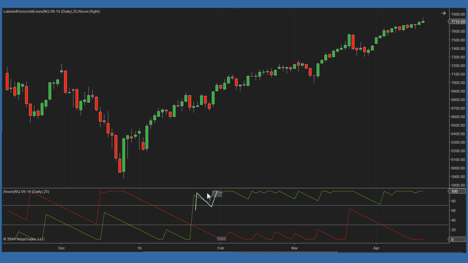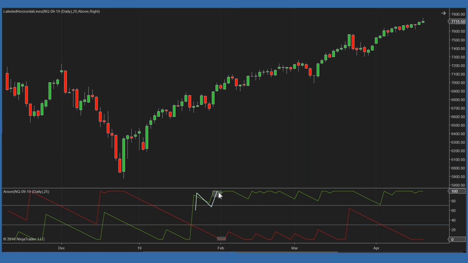There are so many different indicators that do this same test-retest pattern, and we see it in price all the time as well. It's very important, and also important here in the Aroon indicator. So essentially what you're looking for is the market to cross above 70, cross below 30, and make this little zigzag pattern.